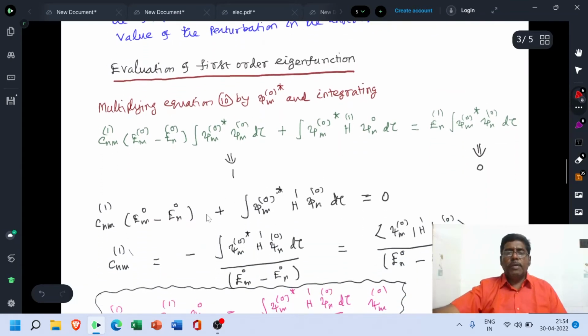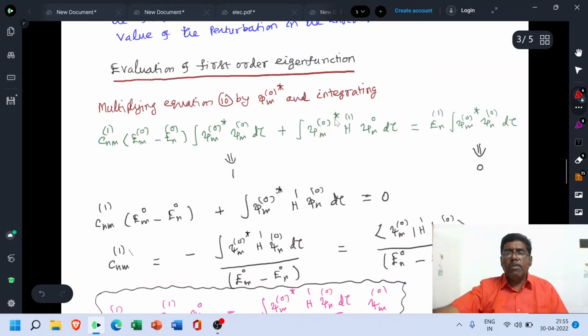Therefore, we may write Cnm1 (Em0 minus En0) plus the integral of psi m0 star H1 psi n0 d tau is equal to 0. We cannot bring this term to 0 because this is the perturbed Hamiltonian. Here we may take En1 outside and the remaining terms combine, leading to 0.